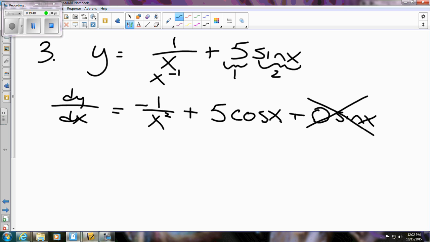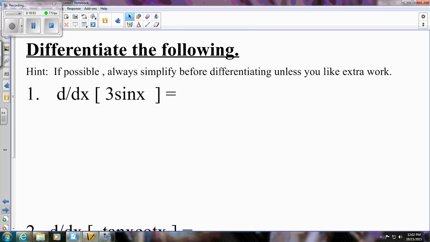Let's practice taking derivatives of trig functions. All right, so what we were just talking about. Go ahead. Derivative of 3 sine x. You don't have to do too much work, right?